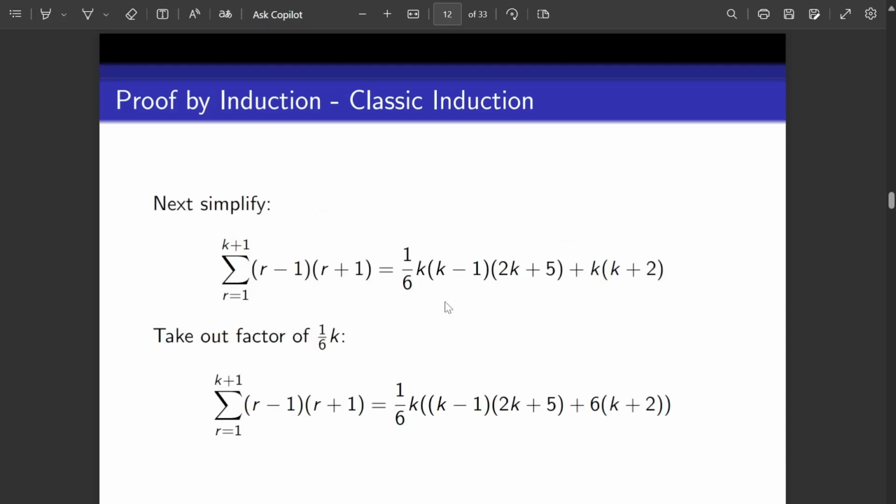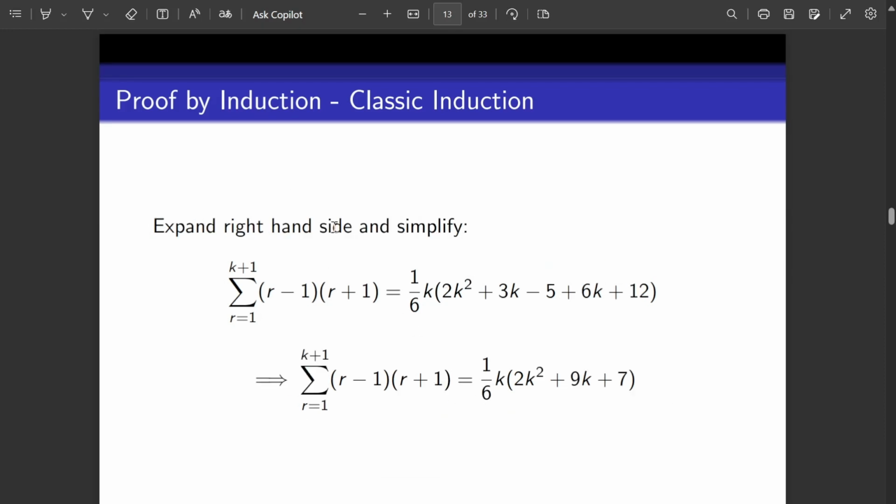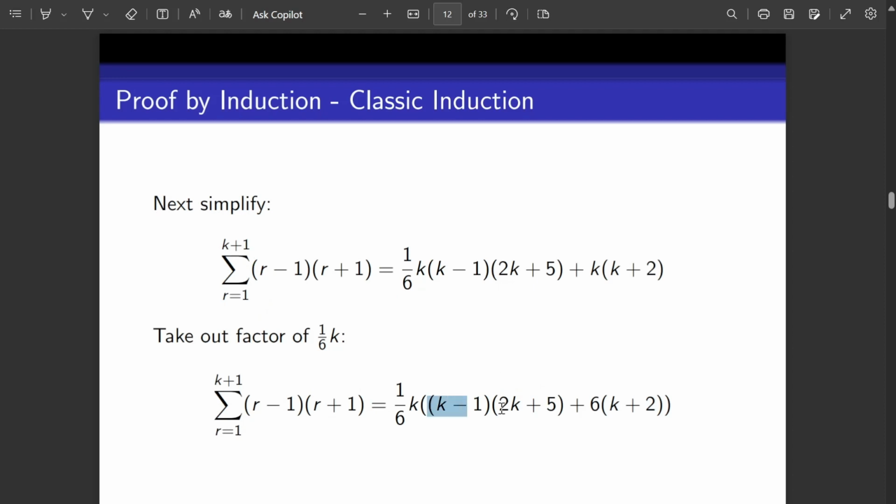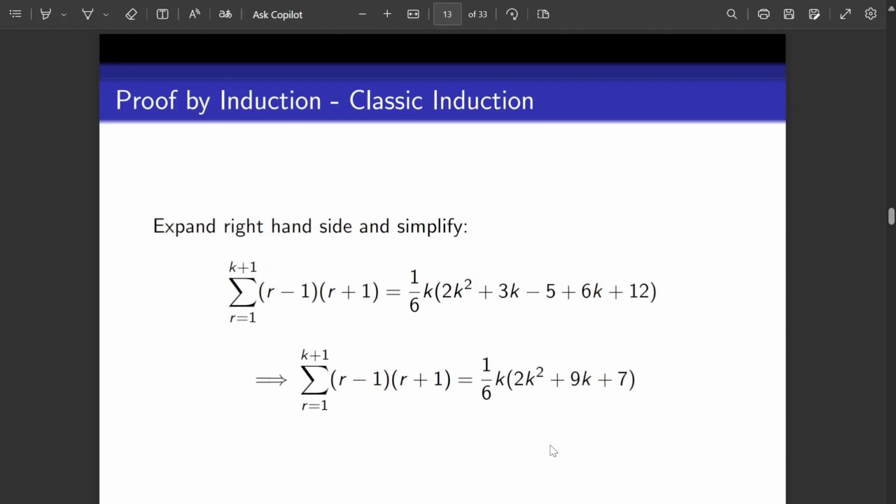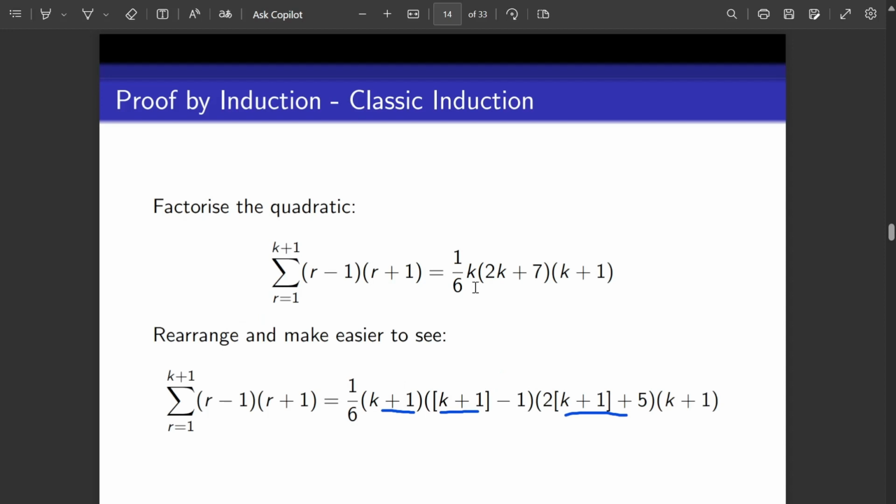Take out the factor of 1 over 6k, and then expand everything in this bracket. I know it seems like, where is this going, but once you expand everything, you get a quadratic, factorize the quadratic, and it will turn into this, which is really just the same sum, but with k plus 1 in there.